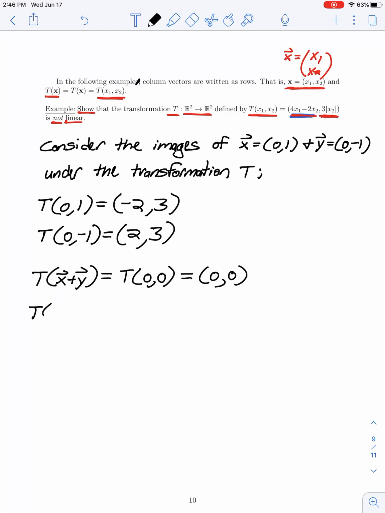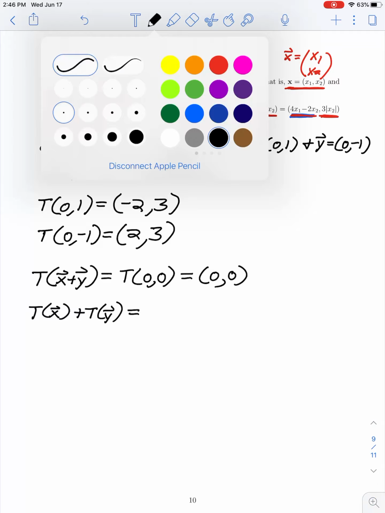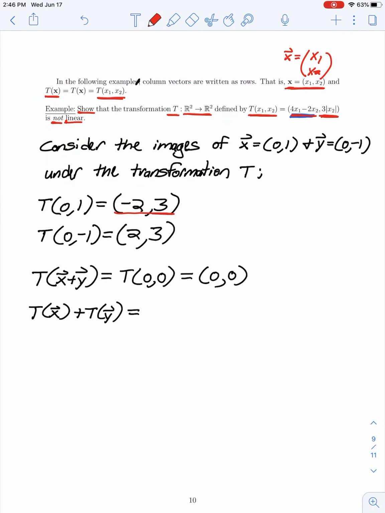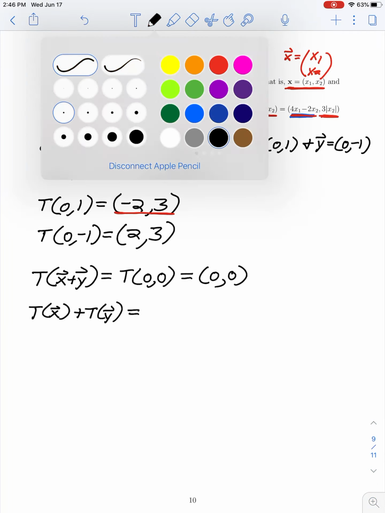However, looking at T of x plus T of y, well, T of x was this first vector that we found, -2, 3.